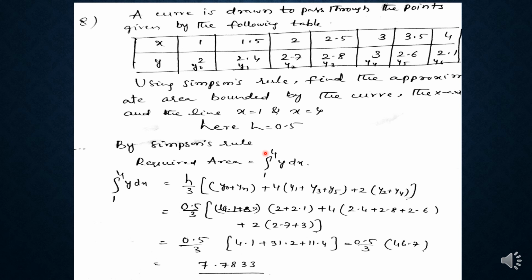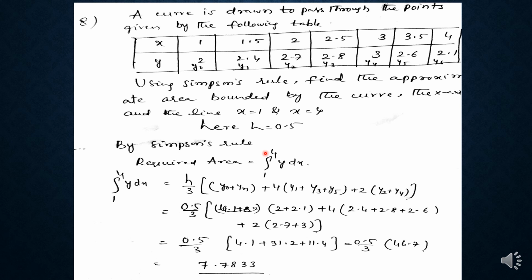So in this class we learned numerical integration. What is numerical integration? The process of evaluating a definite integral from a set of tabulated values of the integrand f of x is called numerical integration.